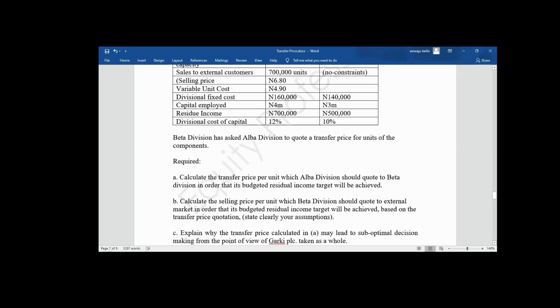That will give you your contribution. Your contribution less your fixed cost will give you your profit. Your profit minus bracket capital employed multiplied by cost of capital will give us the residual income. That means we can do a walk back.